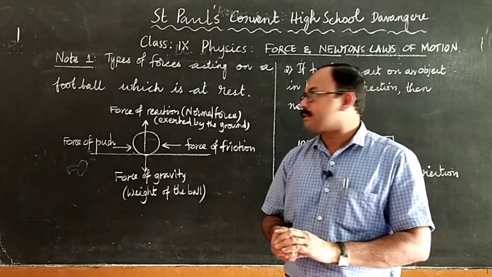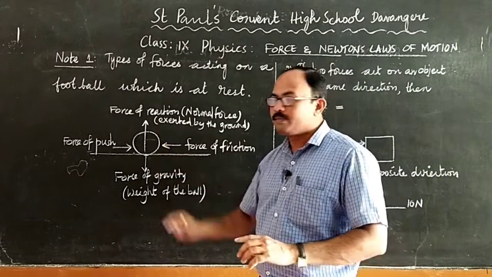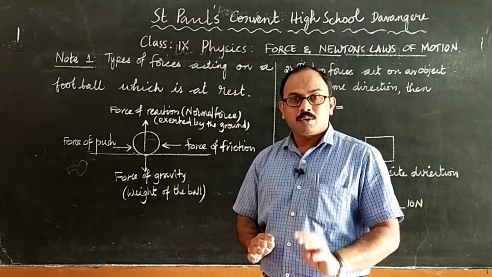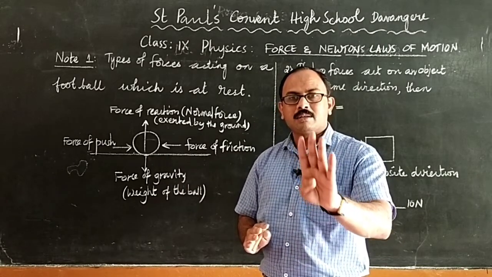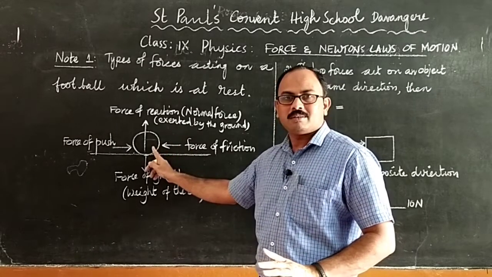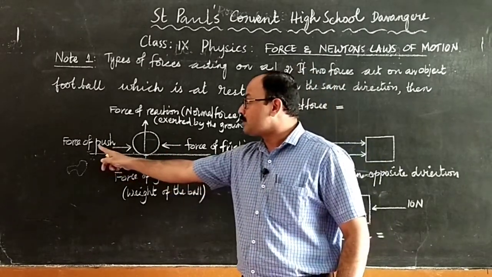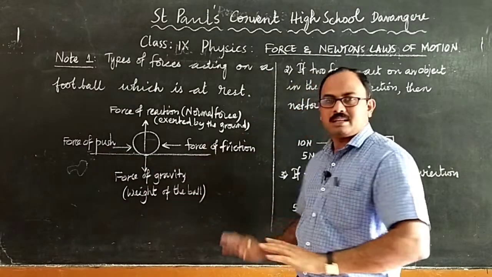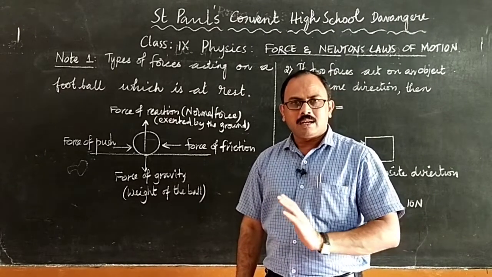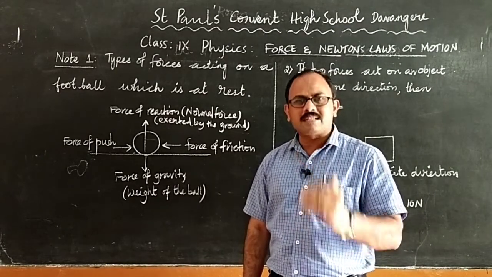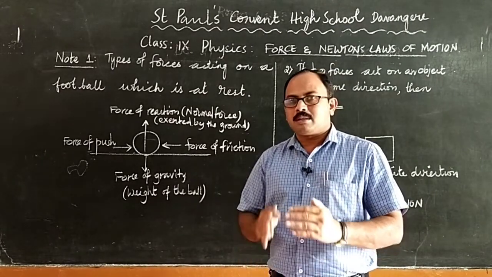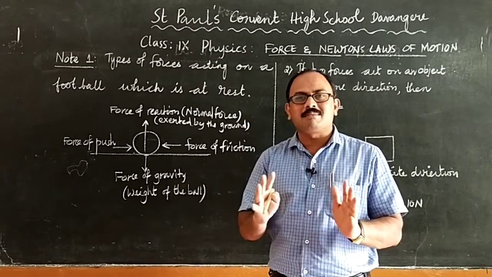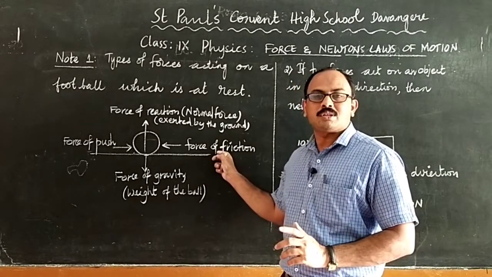Children, listen. I have taken a ball which is at rest on the ground. Remember, 4 types of forces will be acting on the ball. The first one is force of push. When a person kicks it, it moves on the ground. Then after some time it stops because the ground offers resistance. We call it the force of friction.